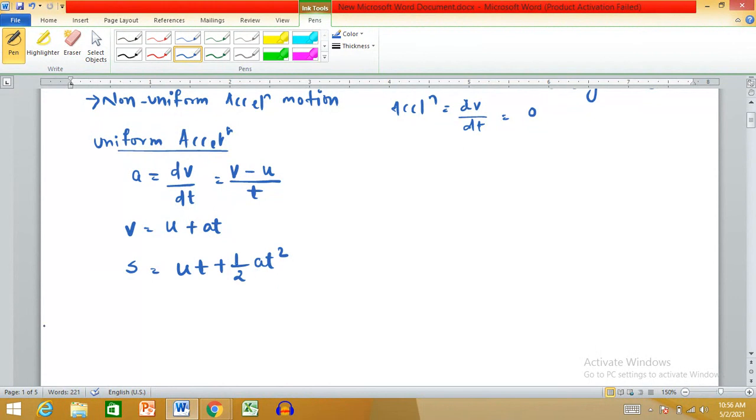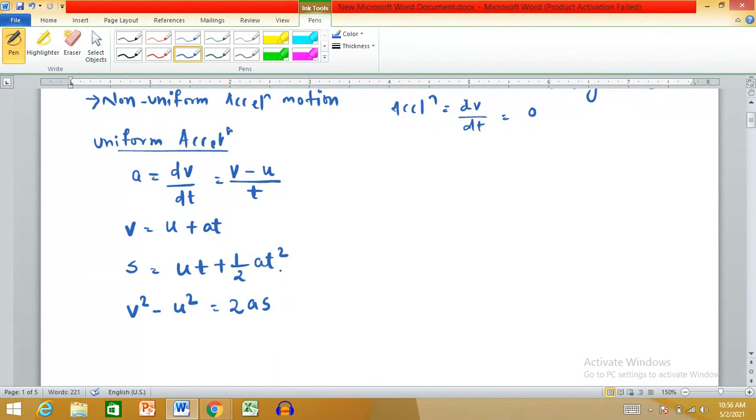Then come to the last equation of motion, that is v square minus u square is equal to 2as. Based on these formulas, we will solve a few numericals on uniform acceleration.